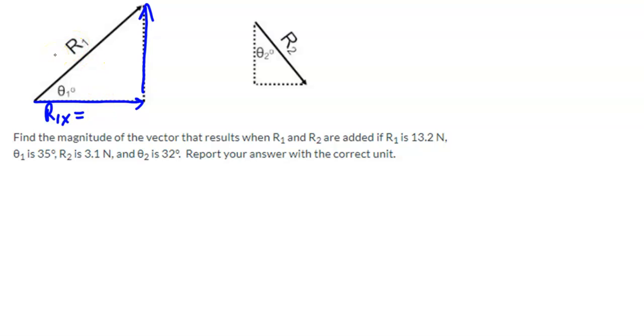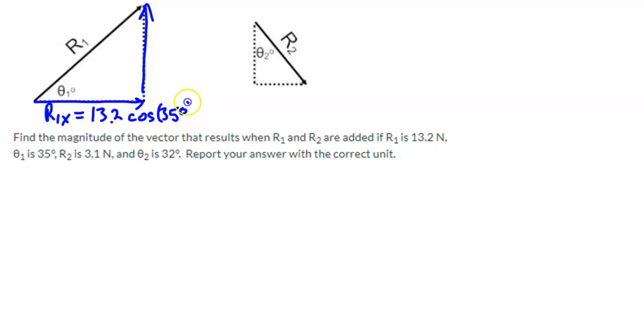Or if you move that around, then the R1 goes over on the cosine theta side, and it's equal to the adjacent side. That would be R1, which is in this case 13.2, times cosine of theta, and theta 1 is 35 degrees.